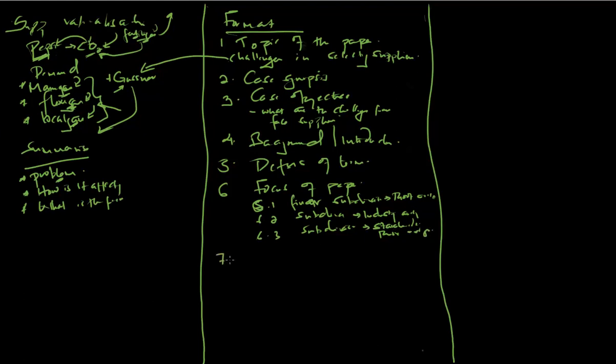Then 7, you can have the second specific aspect of the paper. Again, you can have divisions. Number 1, finer subdivision of what you feel is important, then you go other subdivisions thereabout, as many as you feel are relevant to your case study.